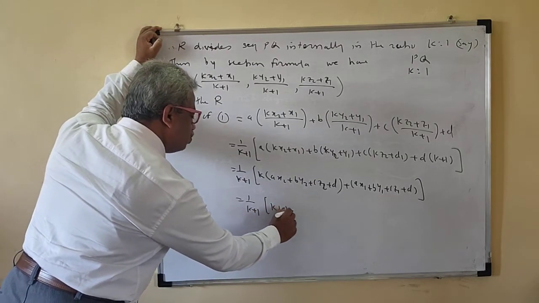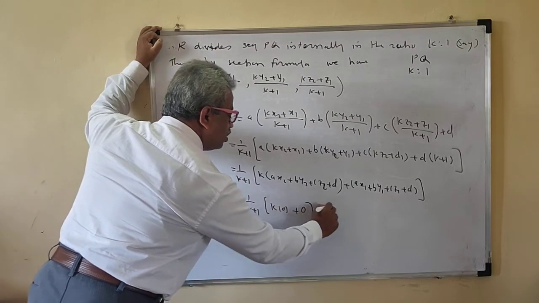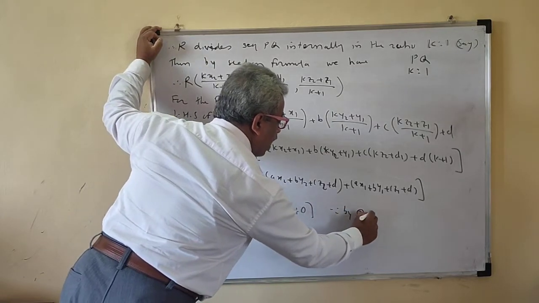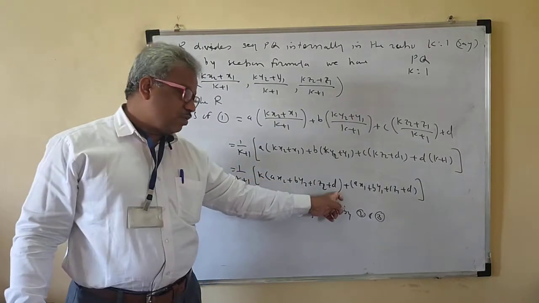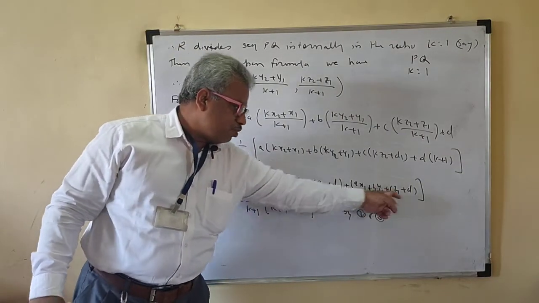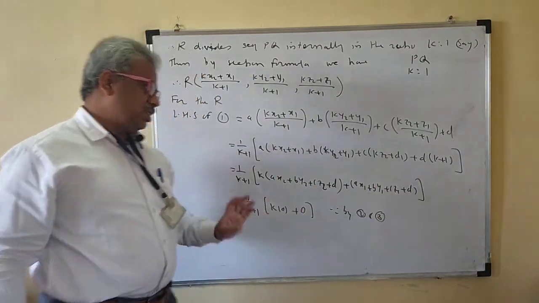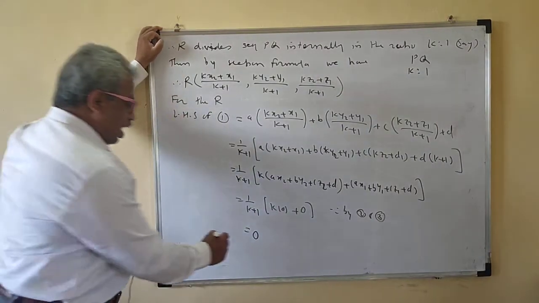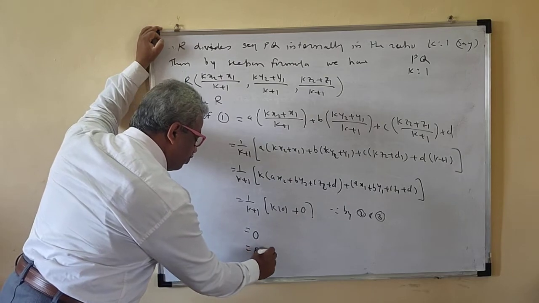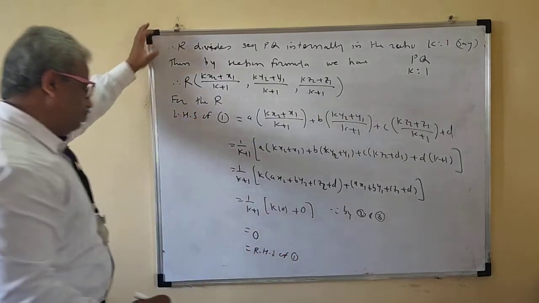So this is k into 0, since from 2 this is 0, and from 3 this is 0. So this is 0, and this is the RHS of 1.